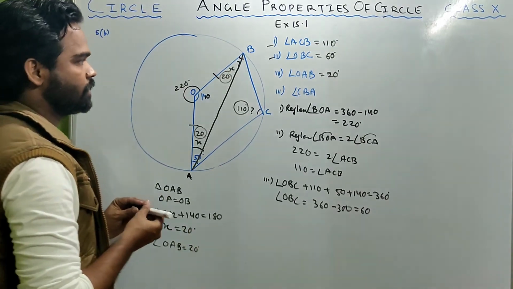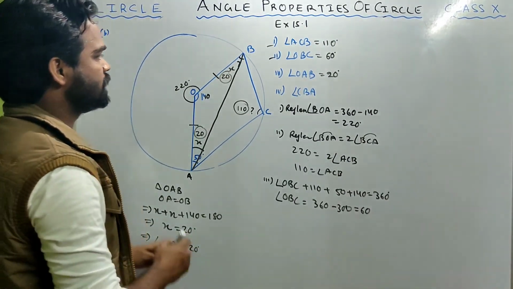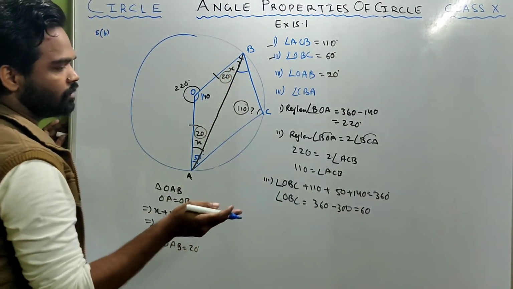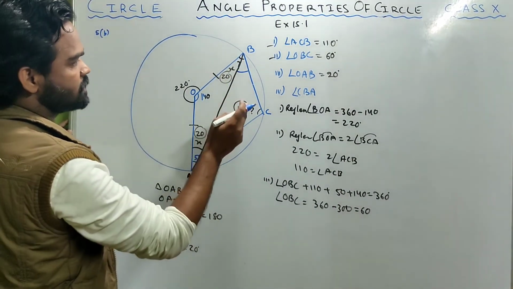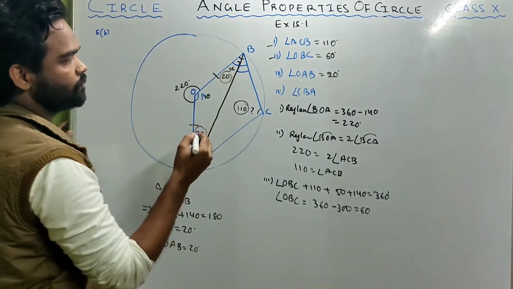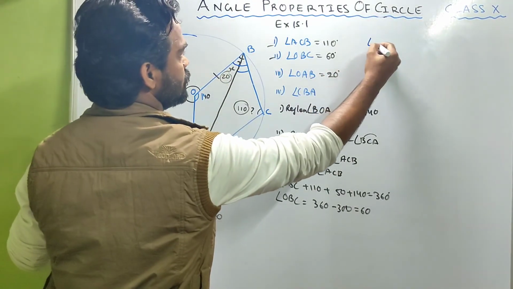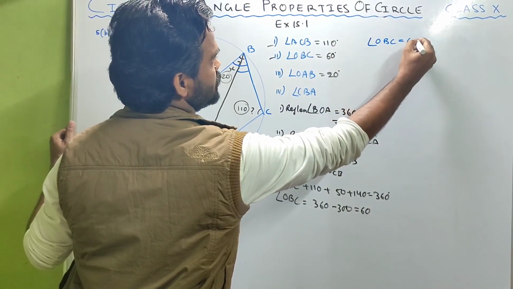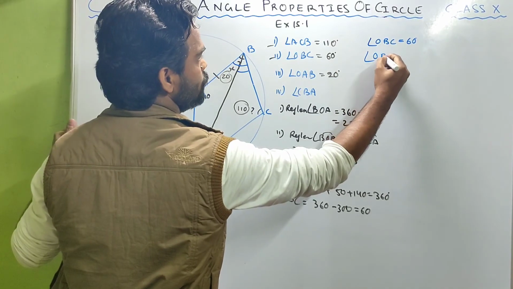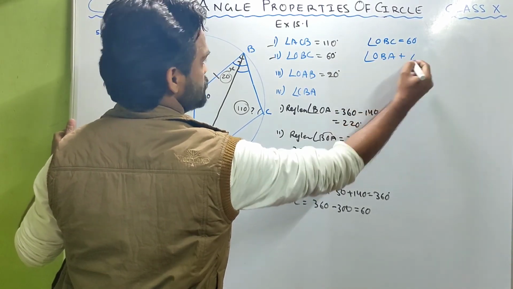No doubt in that. And the last one, CBA. Now we know this angle OBC, this entire angle was 60 degrees. So OBC is nothing but OBA plus CBA.